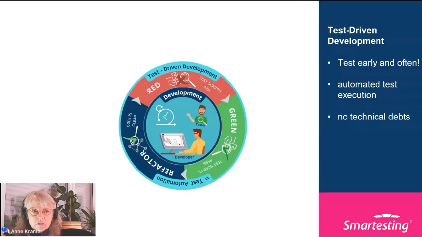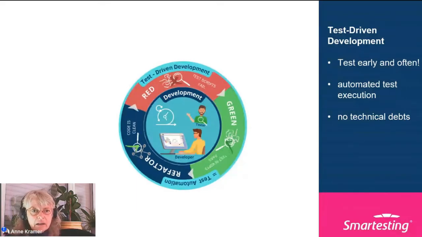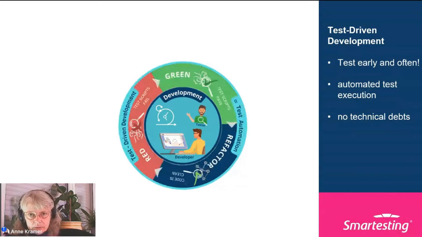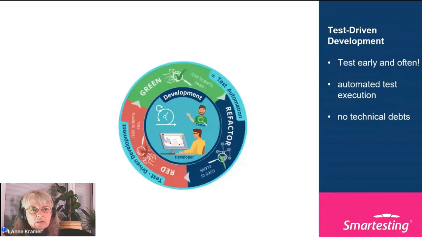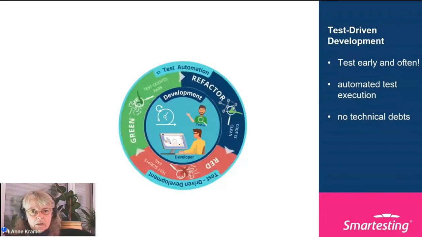You first write your test scripts. Of course, they fail because you do not have anything to test yet. Then you write the code you want to test. It becomes green, but you're not done yet. You still have to refactor to get the code clean. This is also one of the core concepts of test-driven development, that you do not accumulate technical debt.